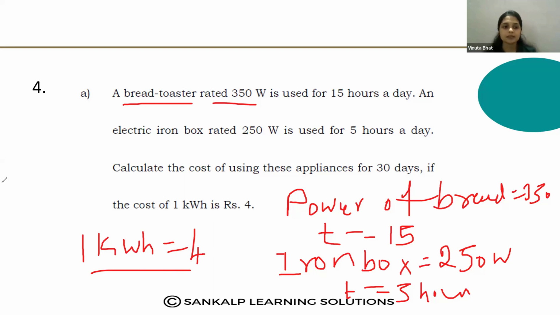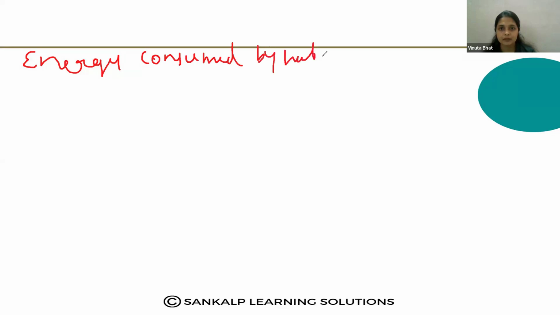After that, now I will start to solve this question. So I remove this. We'll take a new page. The energy consumed by the heater for 30 days: what is the power?